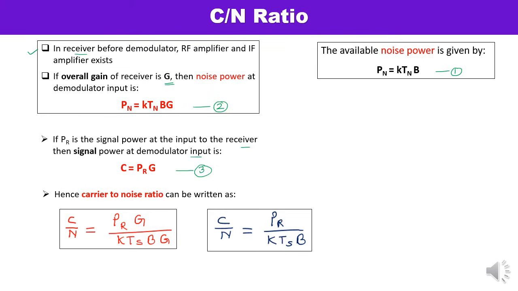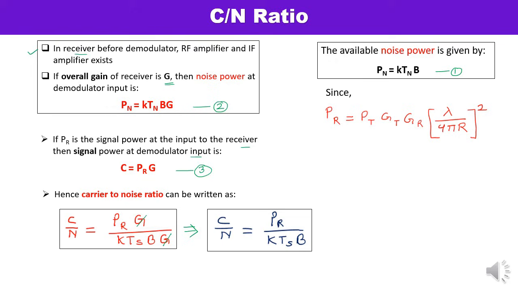So C by N is PR into G upon K TS B into G. G will cancel out. So from here you can write C by N is PR upon K TS into B. In this manner you can calculate the carrier to noise ratio for a satellite channel link design.